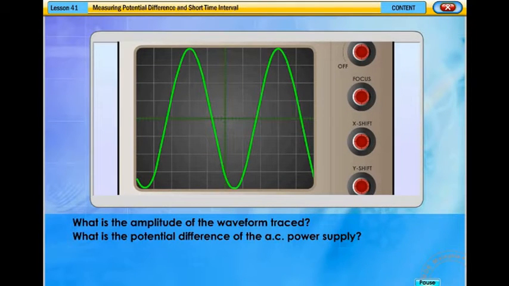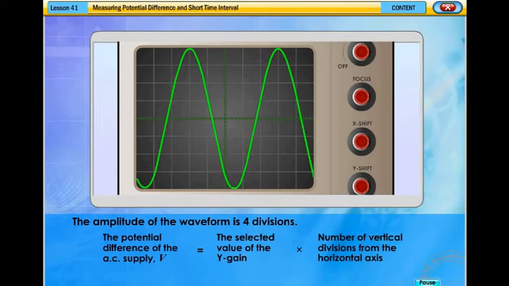What is the amplitude of the waveform traced? What is the potential difference of the AC power supply? The amplitude of the waveform is 4 divisions.